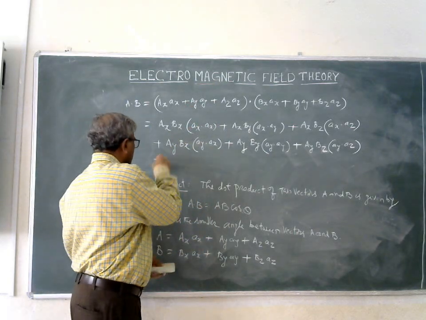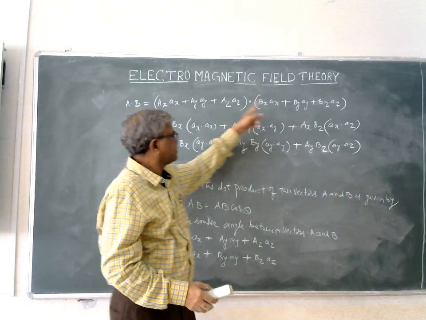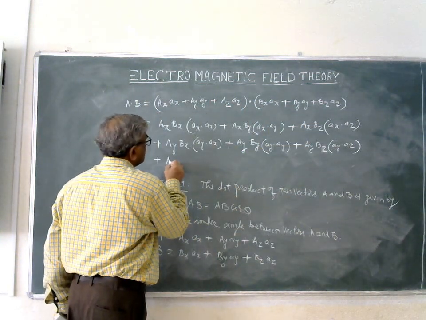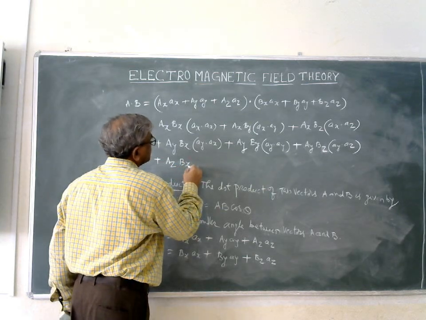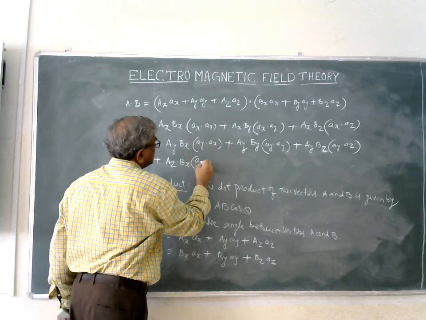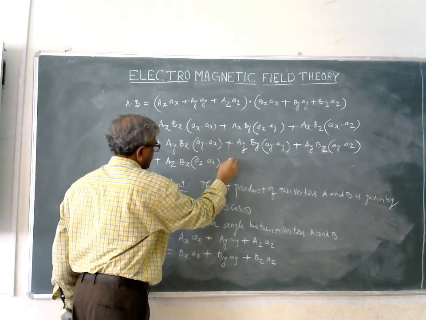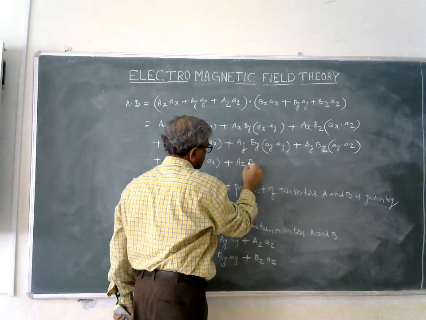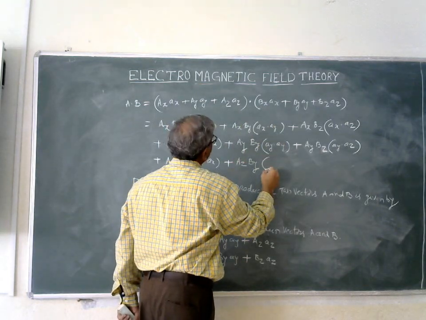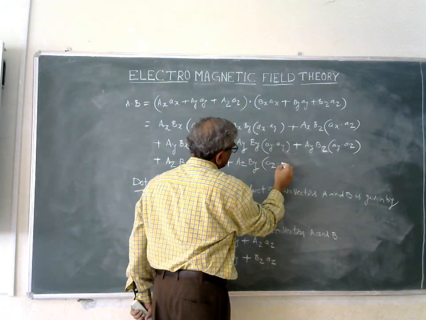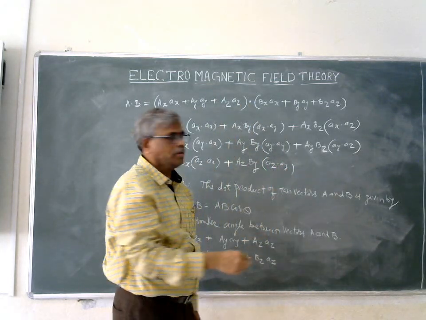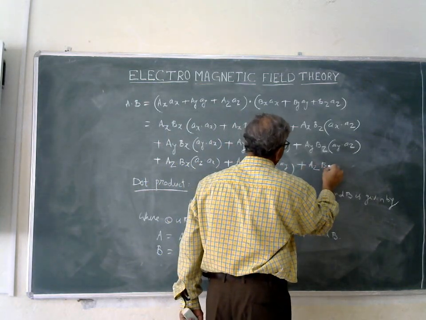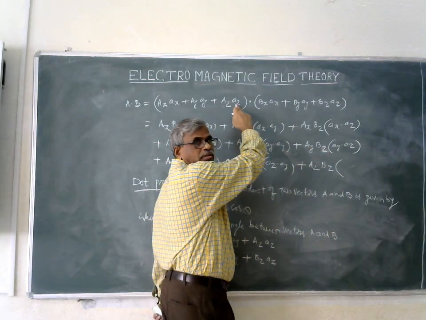Now again, the third term into each term: Az Bx into az dot ax, plus Az By into az dot ay, plus Az Bz into az dot az.